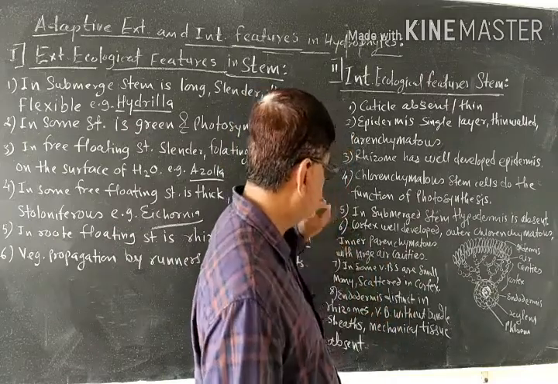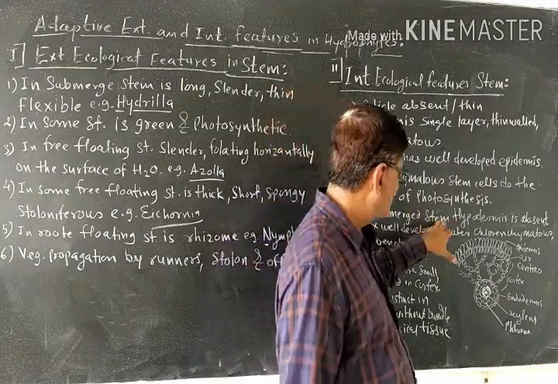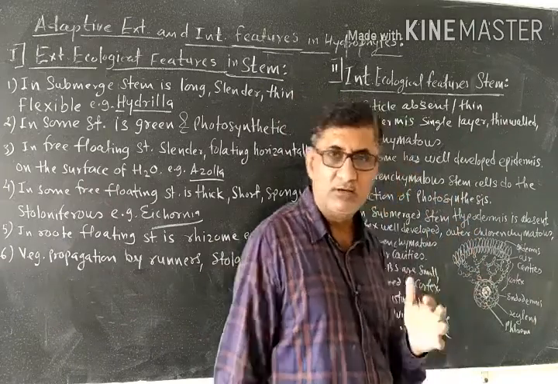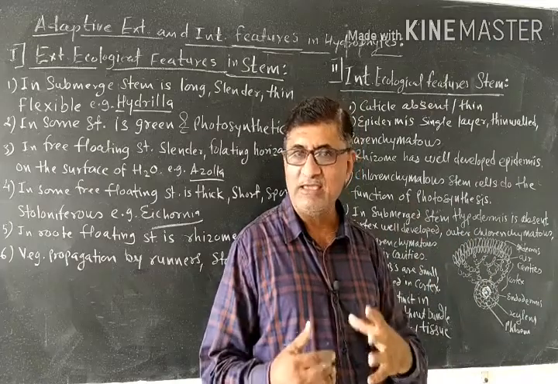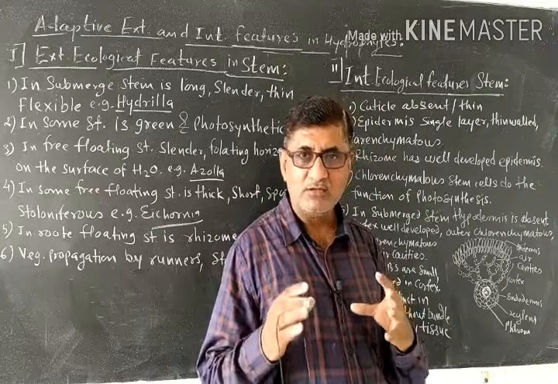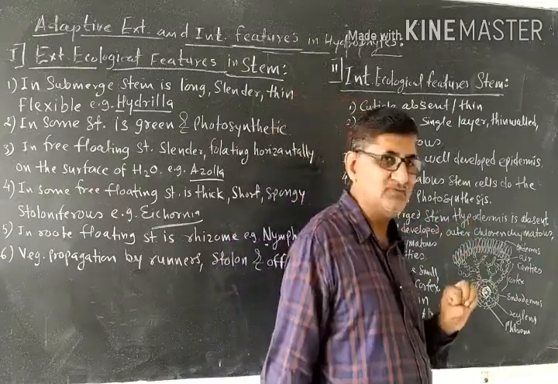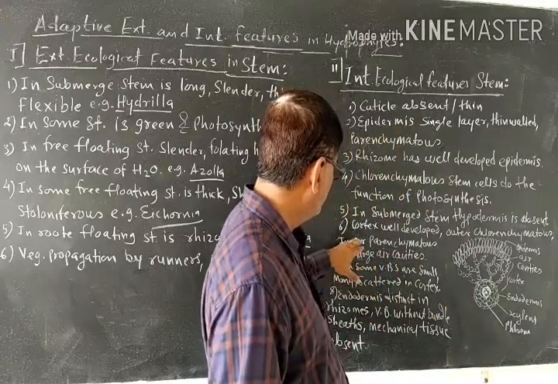In submerged hydrophytes, the stem is without hypodermis, so there is no need for the stem to remain erect or to get more mechanical support. Otherwise, the stem needs a flexible structure, and that is why the hypodermis remains absent. Hypodermis is somewhat mechanical tissue.